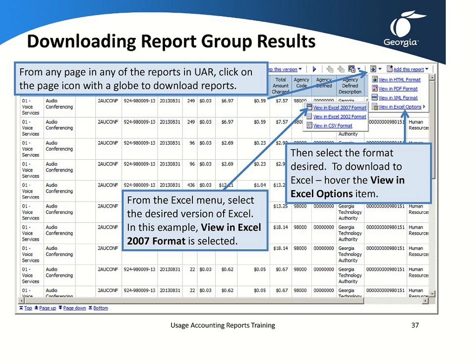Like I mentioned, from any page and any of the reports in UAR, you can click on the page icon with the globe and download the reports. In this example, again, I'm going to Excel. This report was specifically designed to be exported to Excel. So you do the same steps by hovering over Excel Options, choose View in Excel 2007, and then click on Finish. I'm sorry, not click on Finish, just click on View in Excel 2007.